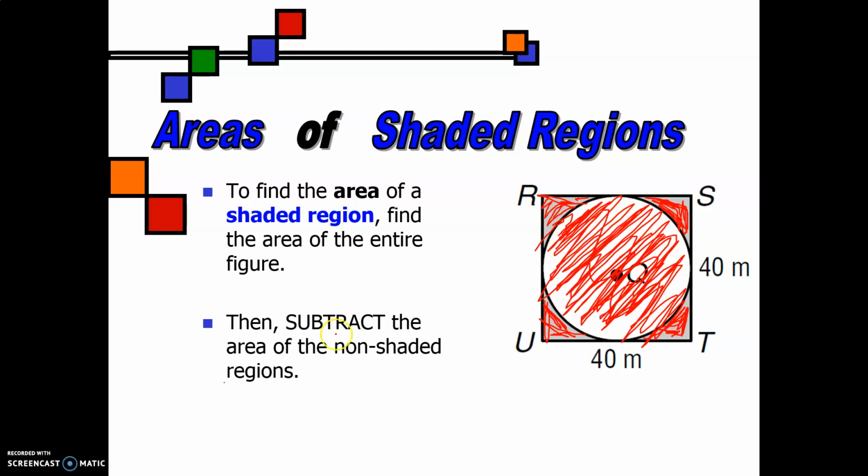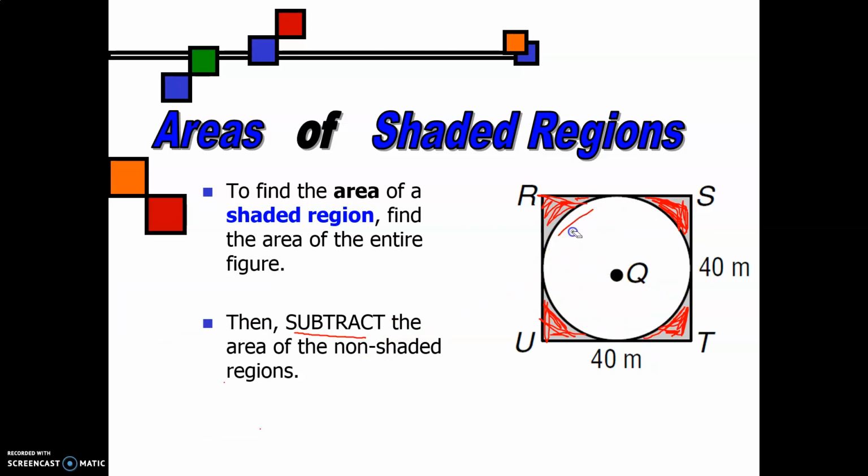Once we get those two measurements, we are going to subtract the area of the non-shaded region. So the circle is not shaded, so we're going to take that out, and we'll be left with the area of that shaded portion, that kind of curved triangular region. Not quite a triangle, but just a region that we can't directly find the area for with a formula.